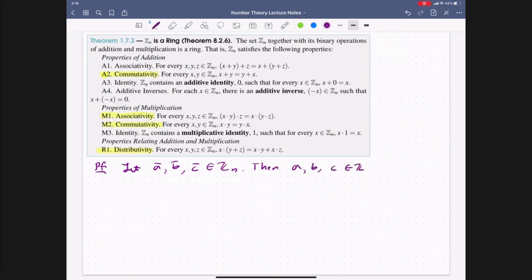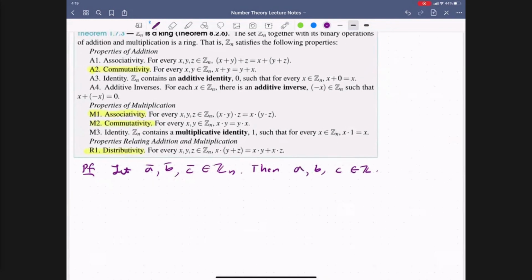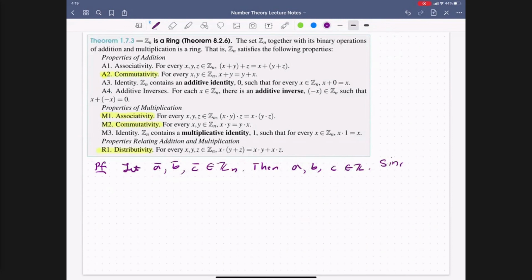These are the representatives for those congruence classes. Now, let me label this A1, so let's verify associativity for addition.